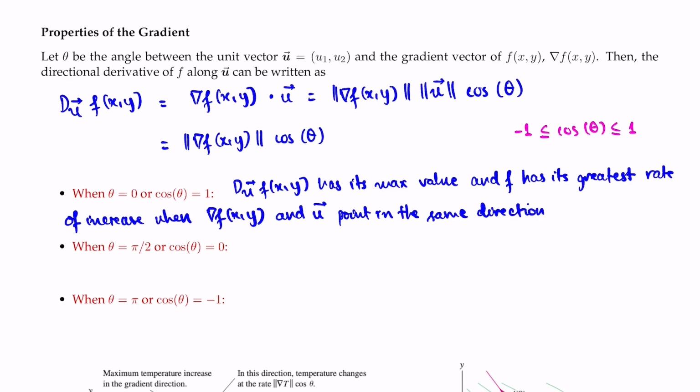And the actual rate of increase is that the directional derivative is equal to the magnitude of the gradient vector. So from here you can get that the directional derivative of the function is equal to the magnitude of the gradient of the function, and this is the actual rate of increase.